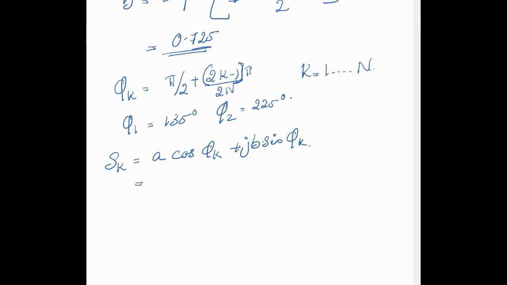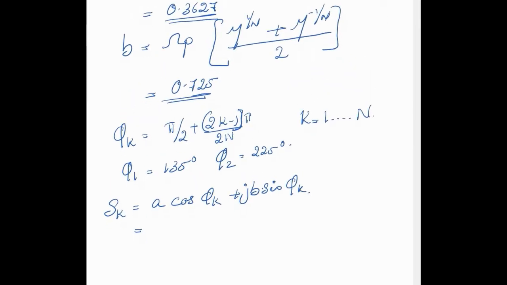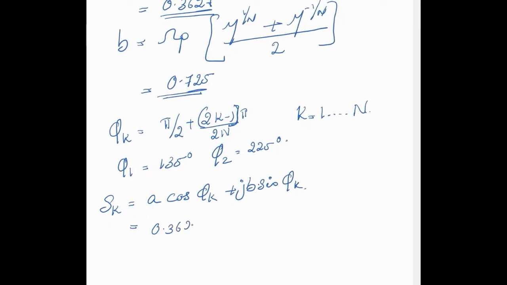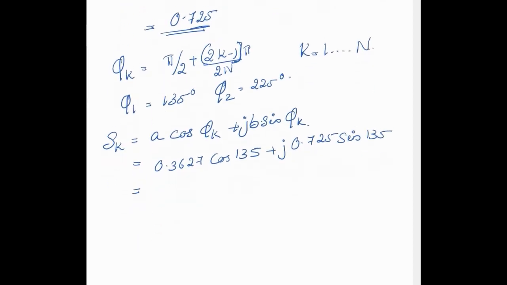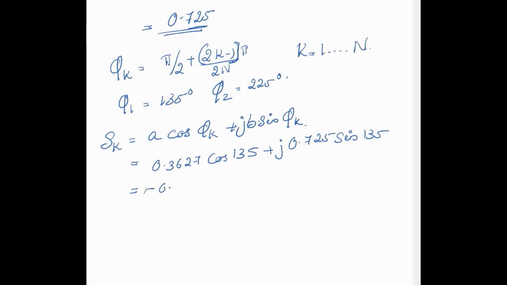Substitute the value. You know the value of a you got as 0.3627 cos 135 plus j 0.725 sin 135, that is equivalent to minus 0.2564 plus j 0.513.